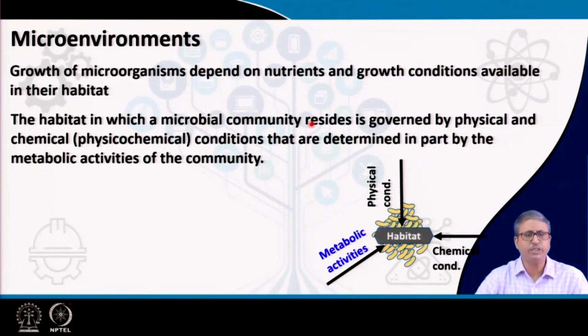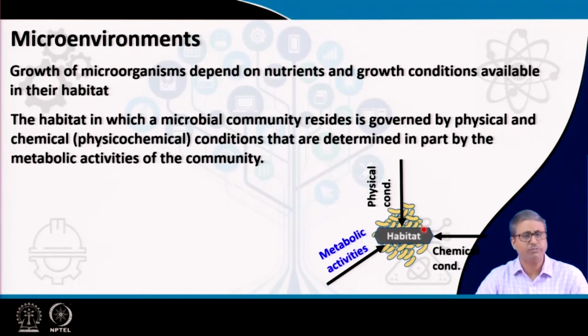The community which is present within a particular habitat is governed by the physical conditions and also the chemical conditions, which are defined as the physico-chemical conditions, and, as we have also learned earlier, together these physical and chemical conditions determine the metabolic activities of the organisms which are present there. The physico-chemical conditions basically drive the community composition and community function.